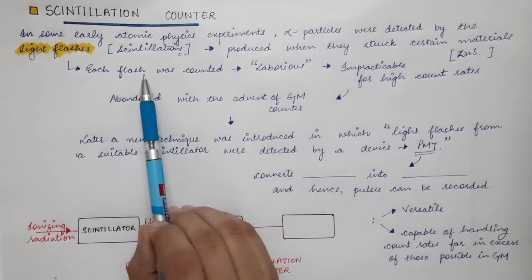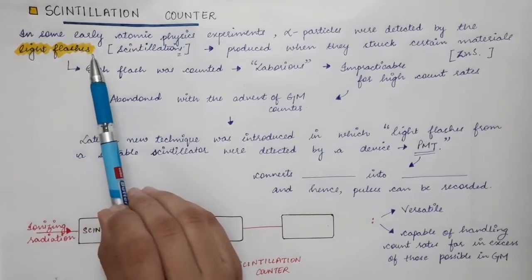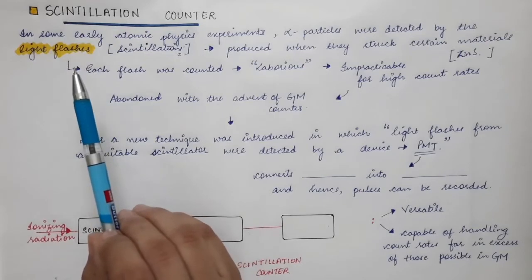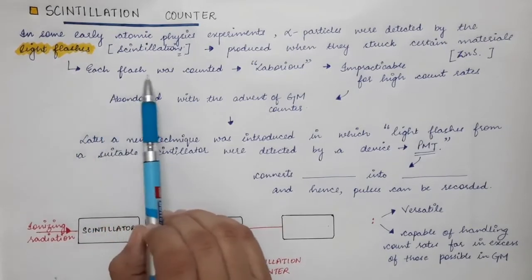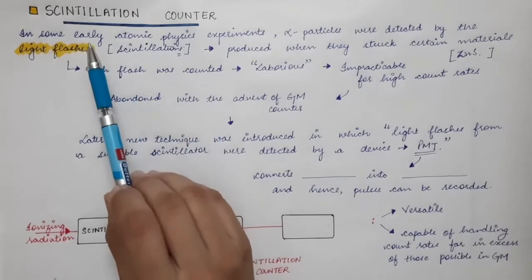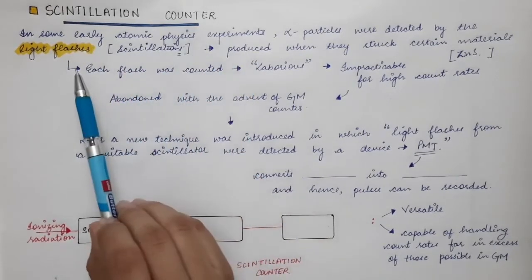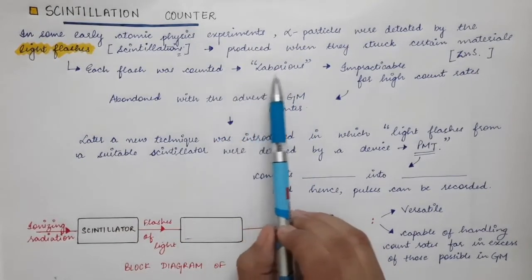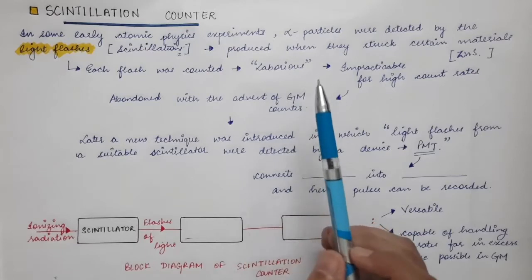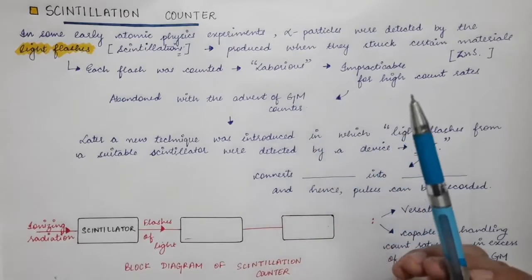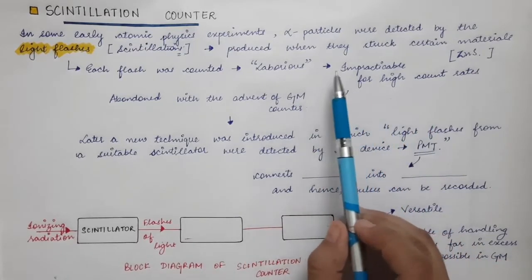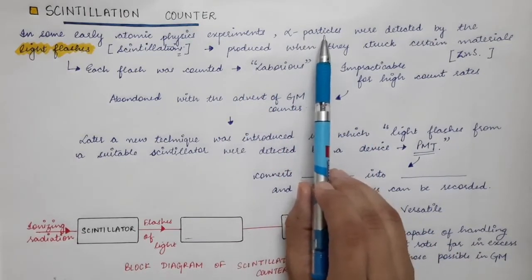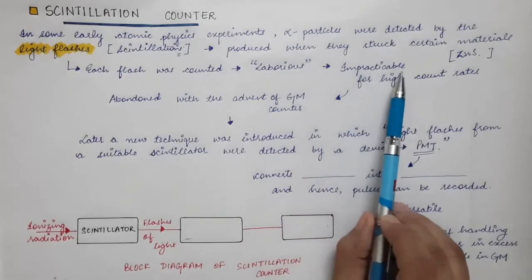Each light flash, as you know, fluorescent materials emit light flashes when an energetic particle strikes the material. So each light flash was counted, and hence this task was laborious. Laborious means it was a very difficult and hard-working task, due to which this technique of detecting ionizing radiation was impracticable.